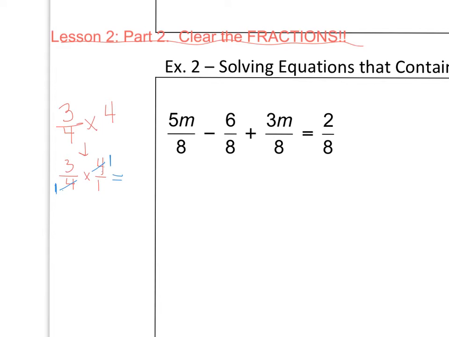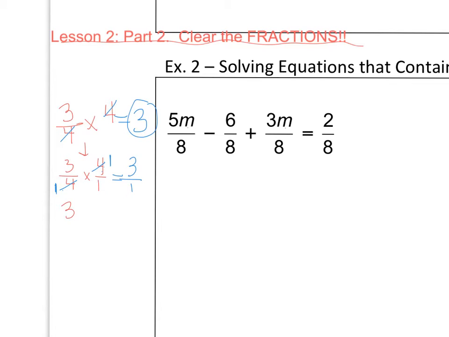So when I multiply this out, I end up with 3 times 1 and 1 times 1. So in essence, I get 3, right? Because the 4 is cross-simplified. So if I were to add a variable, because if you look at our problem, we got variables, let's sneak in a variable.